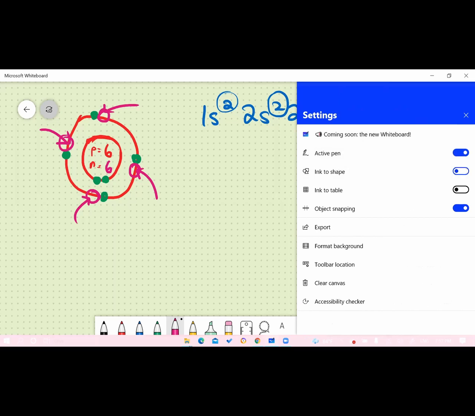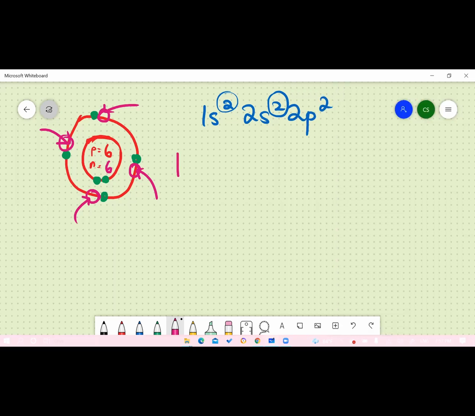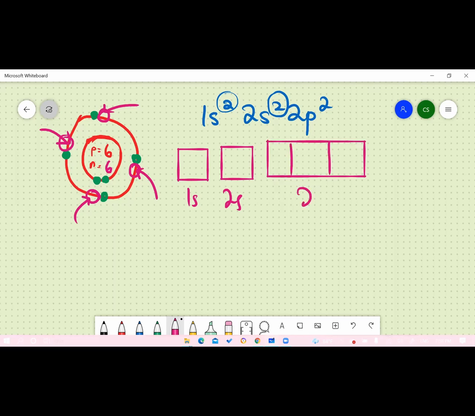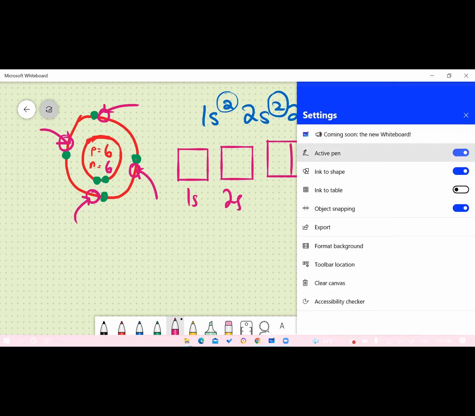Let me go into share to make this clean. All right, 1 box, and this would be our 1s orbital. Then this would be our 2s. And that would be our 2p.